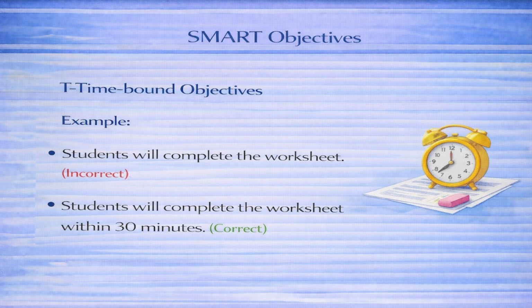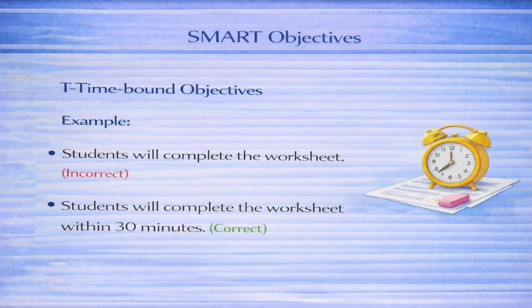Time bound. Time bound means objective should clearly specify when it will be completed or achieved. For example, the first objective is students will complete the worksheet, and the second one is students will complete the worksheet within 30 minutes. So the first one is incomplete because it does not mention a time limit.